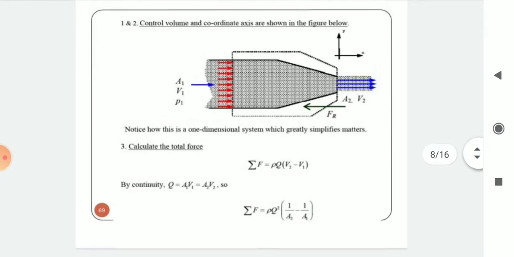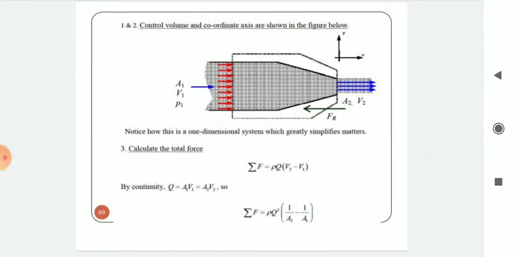So sections 1 and 2, the control volume and the coordinate axes are shown in the figure below: A1, V1, P1 and A2, V2, and the resultant force is shown. The directions X and Y have been shown. Notice how this is a one-dimensional system, which greatly simplifies matters.